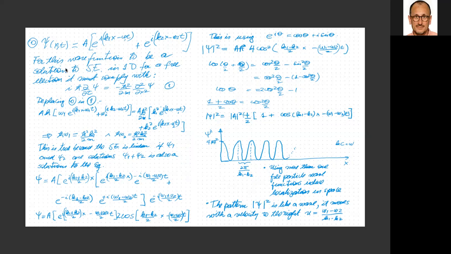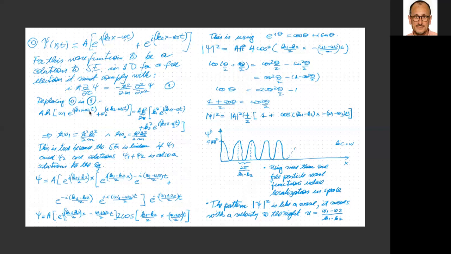Okay, so for this wave function to be a solution to the Schrödinger equation in one dimension of a free electron, it must comply with this equation. So if I want this to be a solution, I have to put it in here and verify that it is a solution. And what do I do? Well, I plug it in and take the derivative with respect to time.